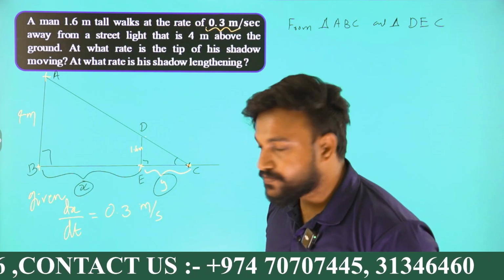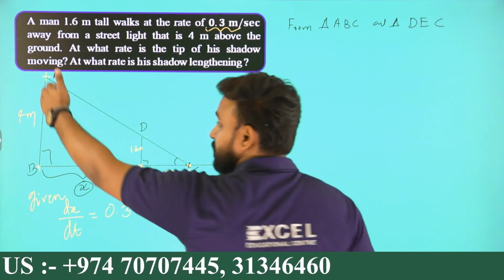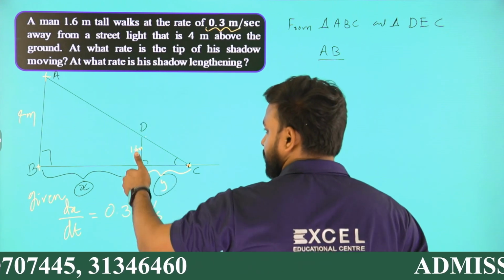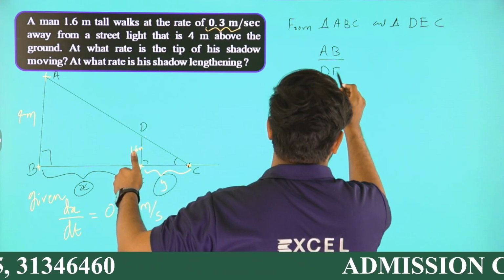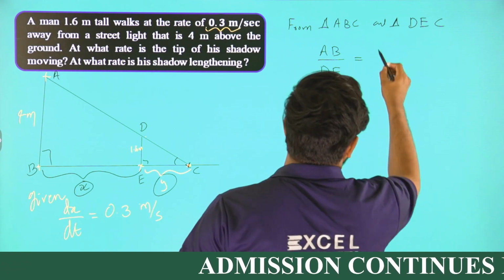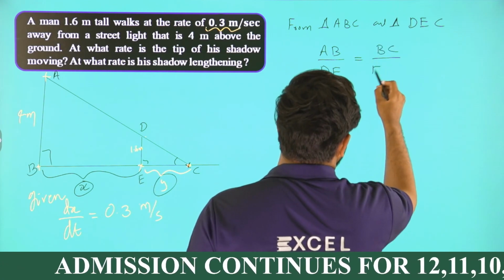Similar triangles. So similar triangles means their sides are proportional. Sides are proportional means AB by this length DE will be equal to this length BC by this length, that is EC.